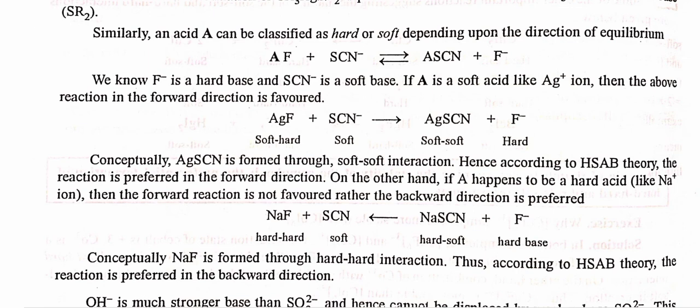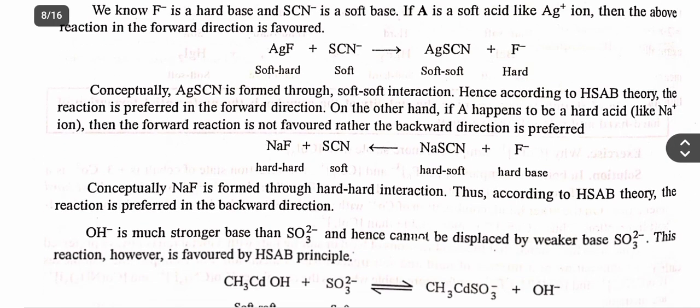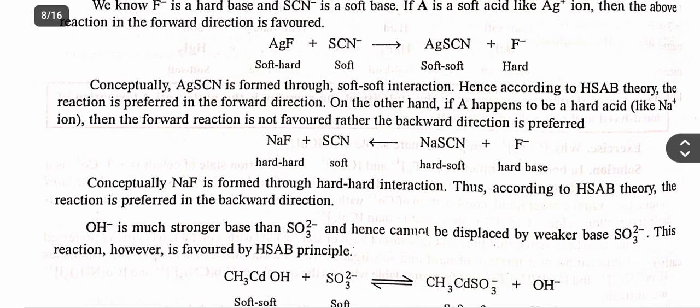Hence, according to HSAB theory, the reaction is preferred in the forward direction. On the other hand, if A happens to be a hard acid like Na+ ion, then the forward reaction is not favored, rather the backward direction is preferred. Conceptually, NaF is formed through hard-hard interactions. Thus, according to HSAB theory, the reaction is preferred in the backward direction.